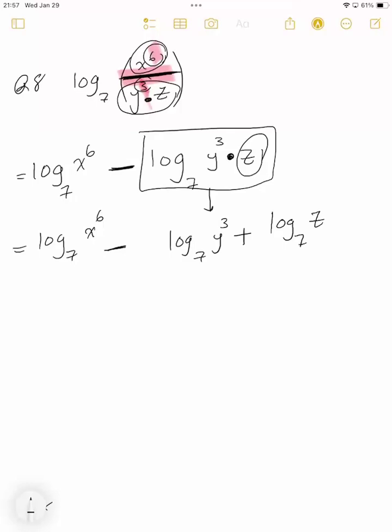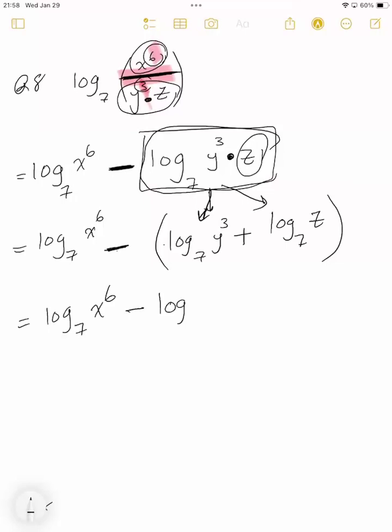But since there's a negative here, and you have one term here, but it broke into two terms, make sure you put parentheses, because this negative belongs to both of them, or this negative has to be distributed. Negative times this positive becomes negative. Negative times that positive makes that negative.